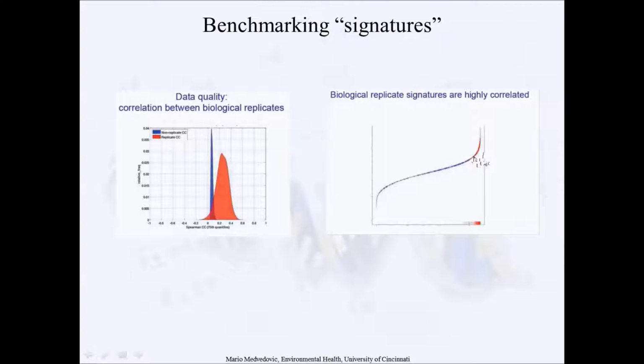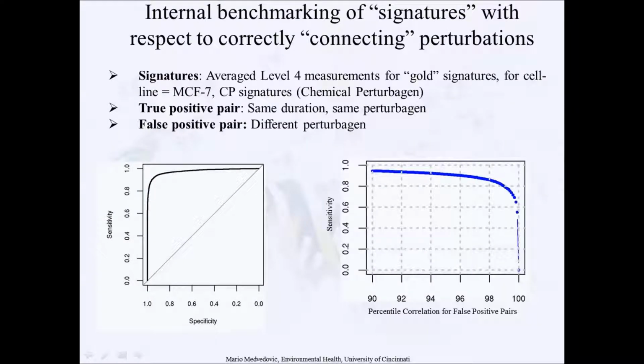But then the question remains: how do you summarize these replicates into a single signature that can be used to connect different perturbations?